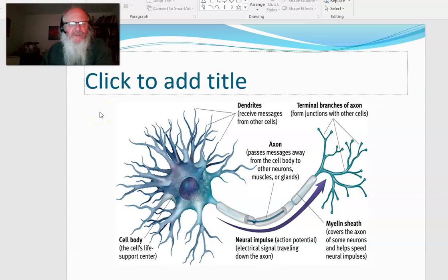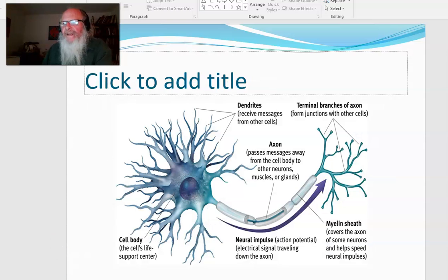In the previous presentation, in Lecture 1 for Unit 4, we talked about basic facts to know about the neuron. And now we're talking about the individual parts and how they relate to the overall function of the neuron.